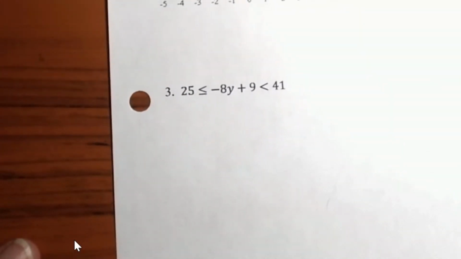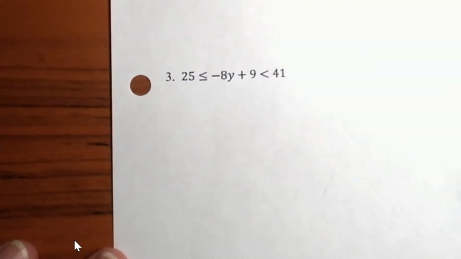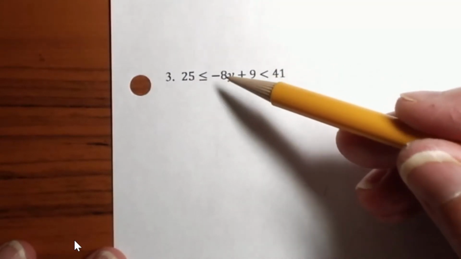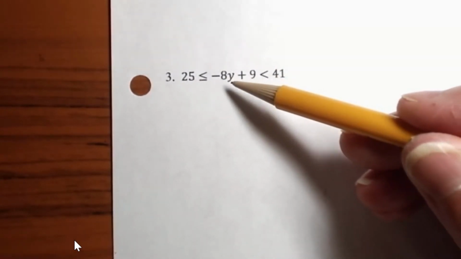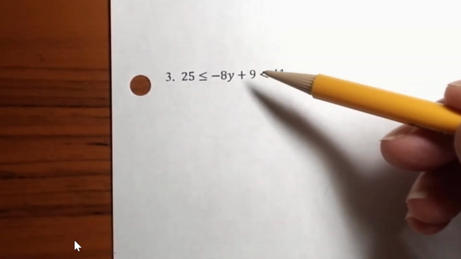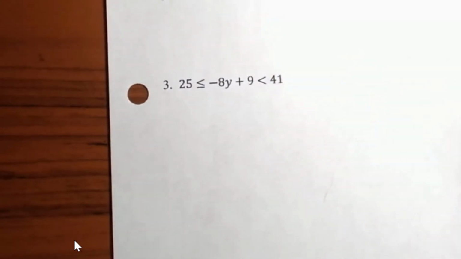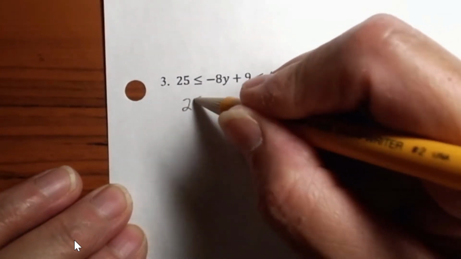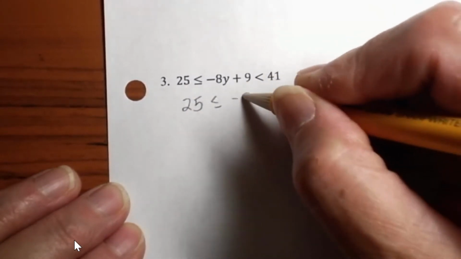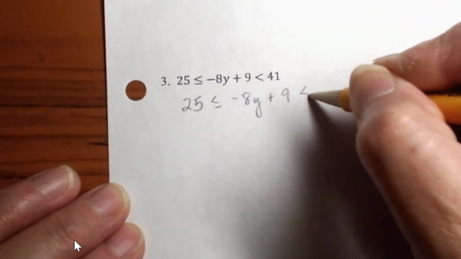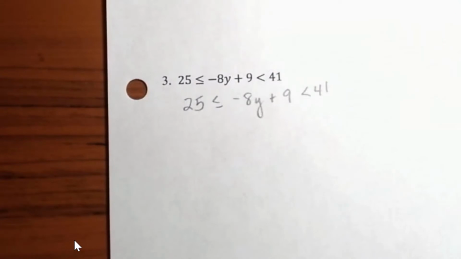So take a look at number 3. And again, our goal is to isolate y in the middle of these 3 parts, right? So we're going to, of course, subtract the 9 first. And again, you want to do that to all 3 parts.